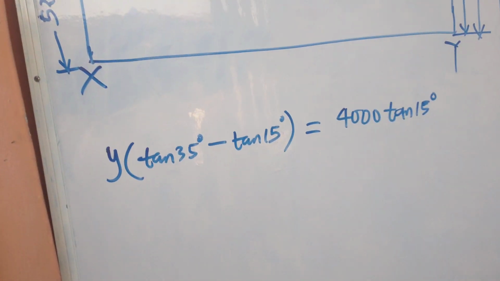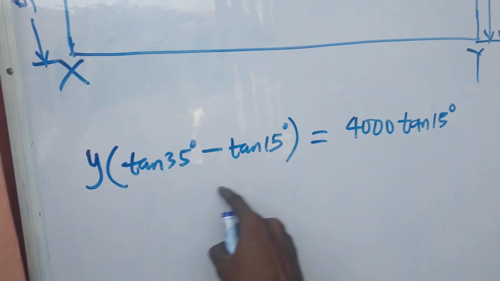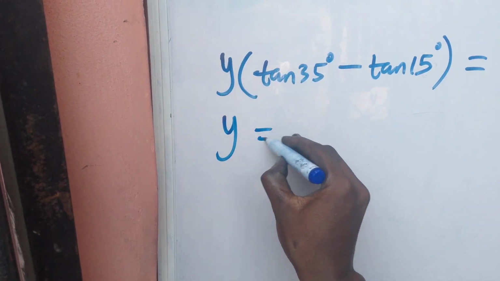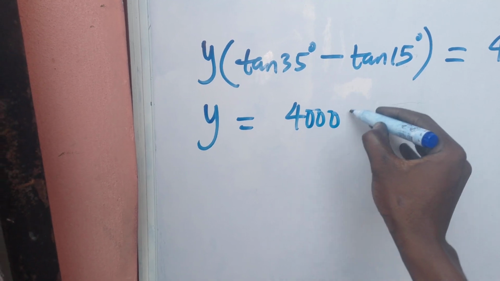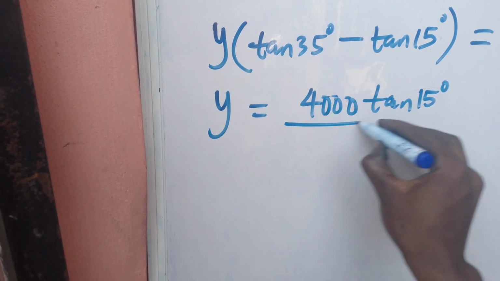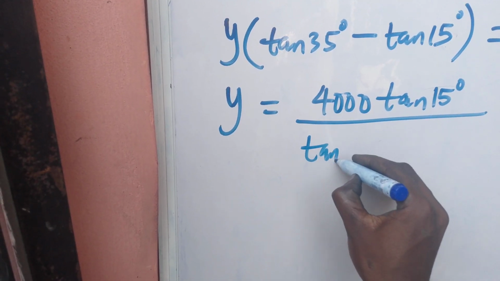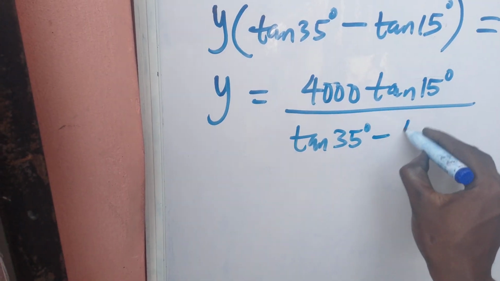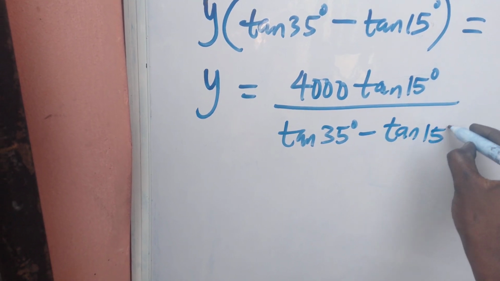So I divide by the coefficient of Y. If I divide by the coefficient of Y, Y will be equals to 4,000 tan 15 degrees divided by tan 35 degrees minus tan 15 degrees.